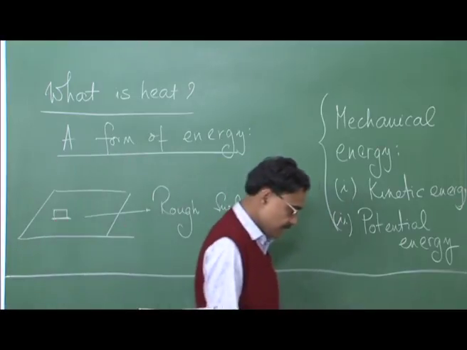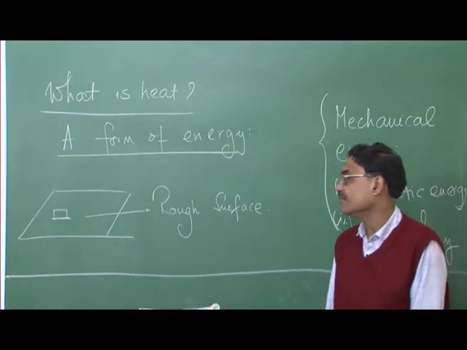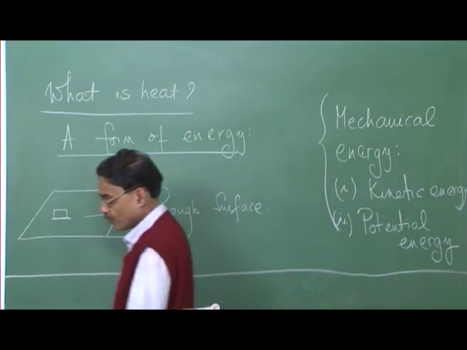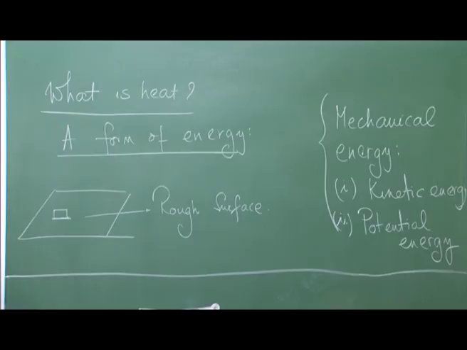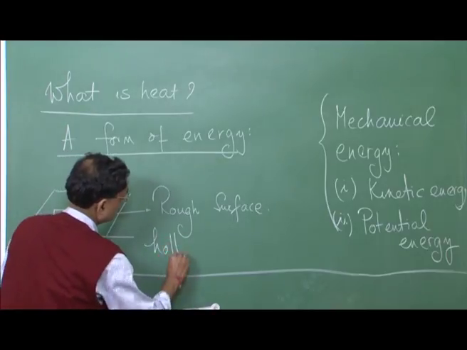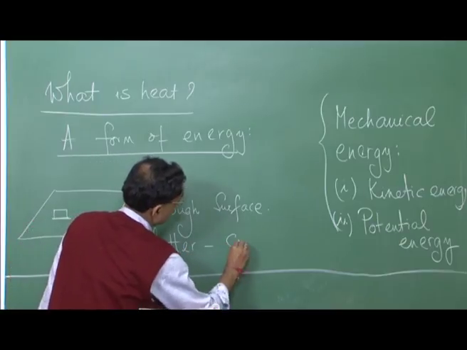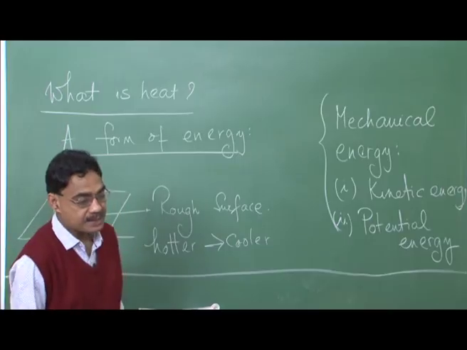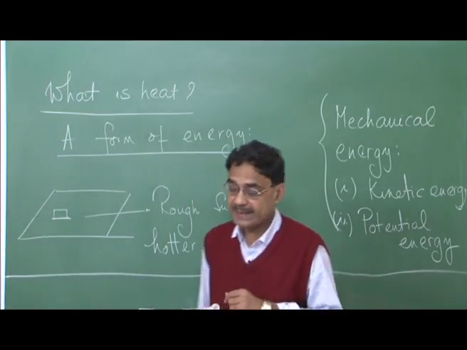That means the mechanical energy is converted to heat energy. Okay? So, energy flows from one end to the other. We know heat energy goes from hotter to cooler bodies. This is how it propagates. So, it is a form of energy.